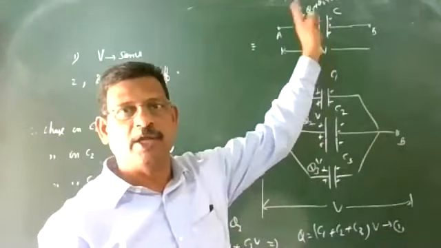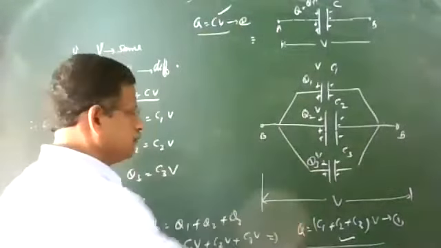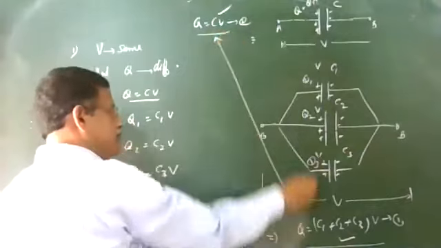Therefore, corresponding to figure 2, the charge can also be written as C into V. This is equation 2, and equation 1 is here. So you can equate equation 1 and equation 2.